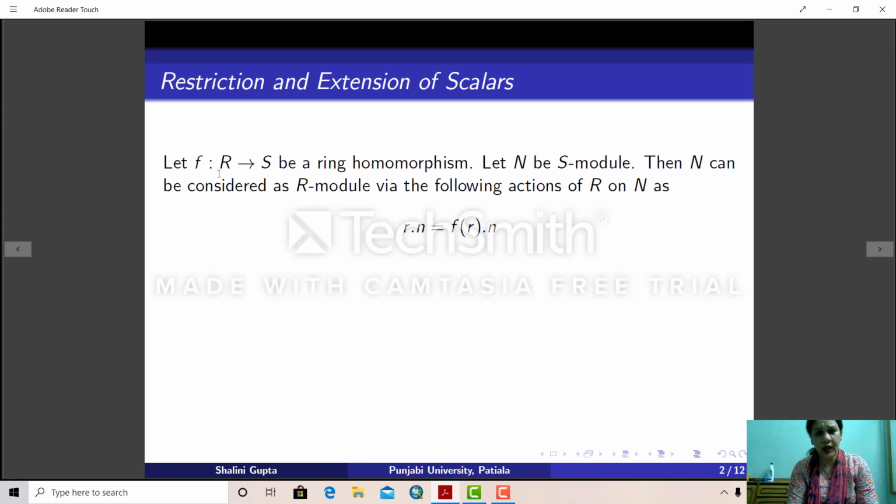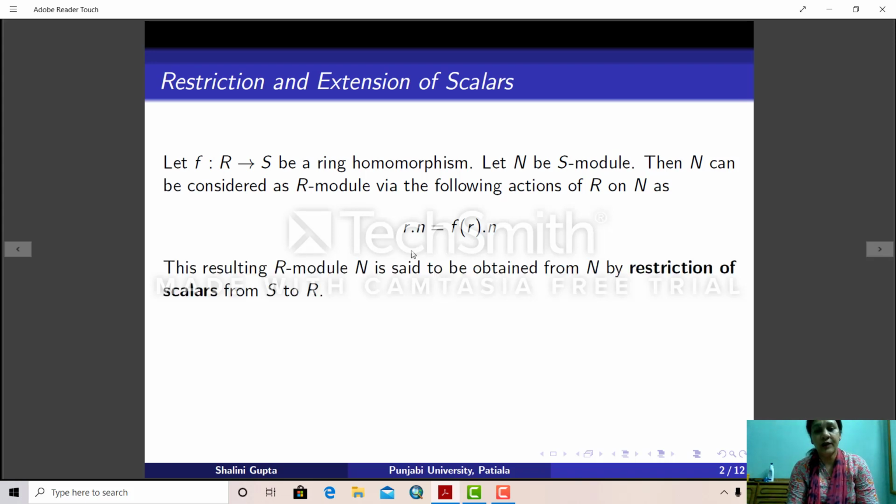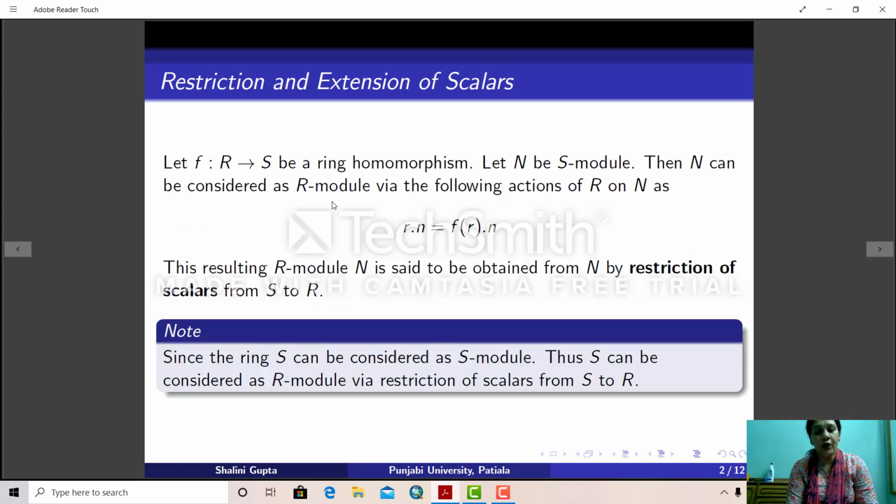So thus under a ring homomorphism from R to S, any S module can be considered as an R module via this action. So this N is said to be obtained from N by restricting scalars from S to R. We say that this S module becomes an R module via F, and the new R module is said to be obtained by restriction of scalars from S to R. Now we all know that S can be considered as an S module.